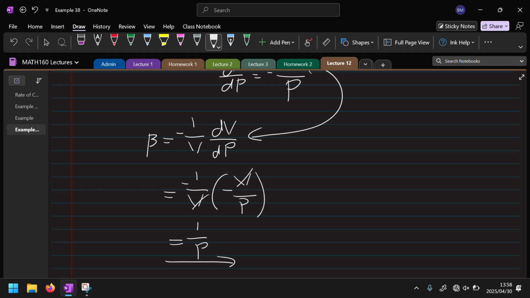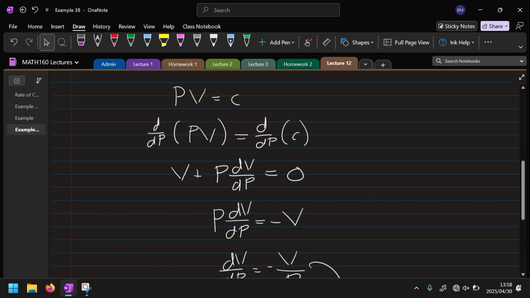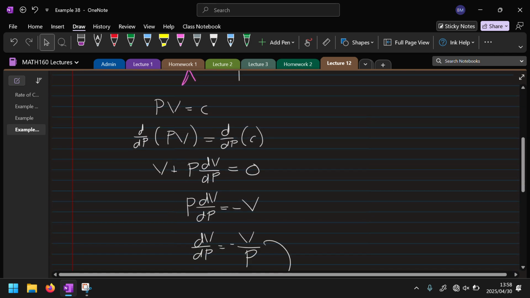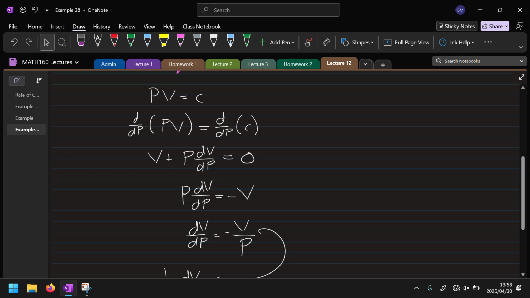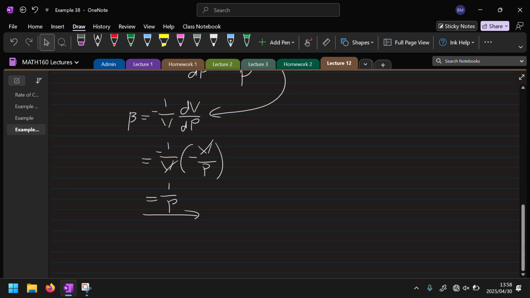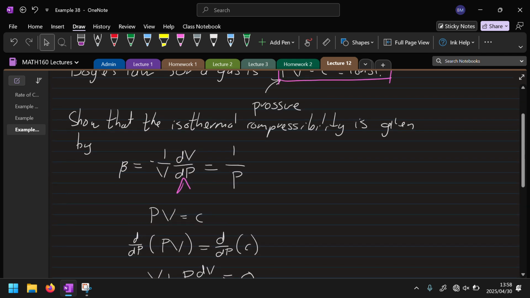Any questions on this one? Scroll up, yep. To the question or the working? After we take the derivative on both sides. So up, yep. Okay, we get that part of the working equals C. Yes, so the derivative on both sides, d by dP on both sides.